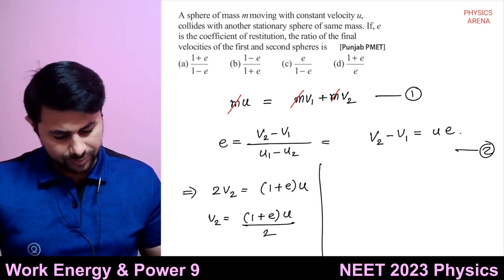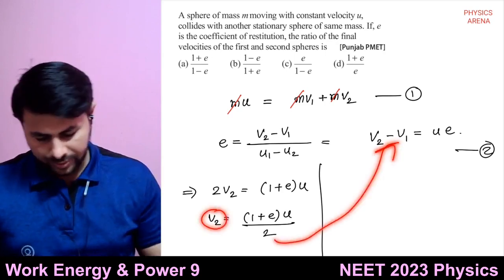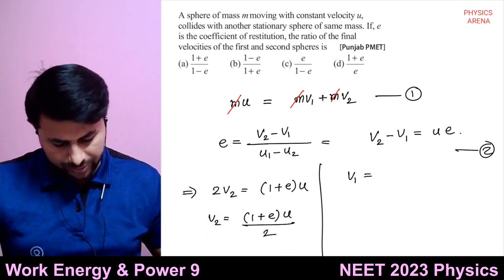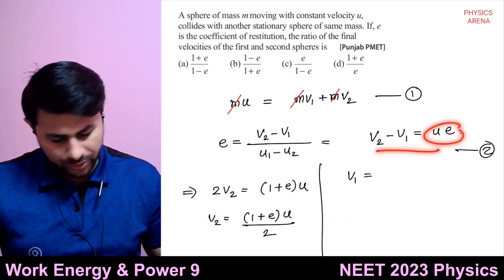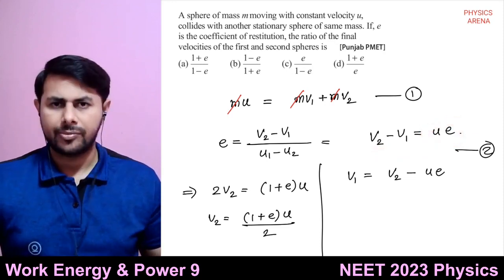This is v2. And what will be v1? We can substitute this here. v1 is equal to v2 minus ue.